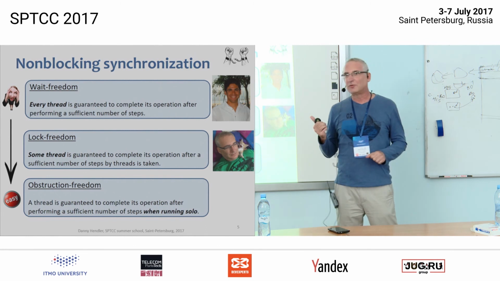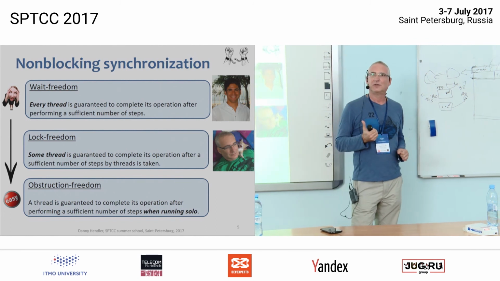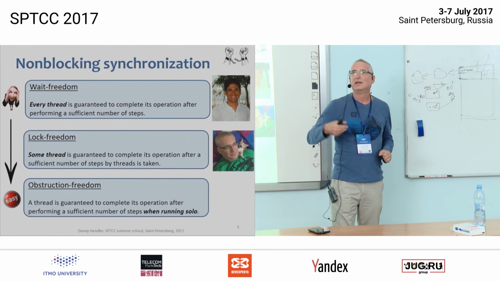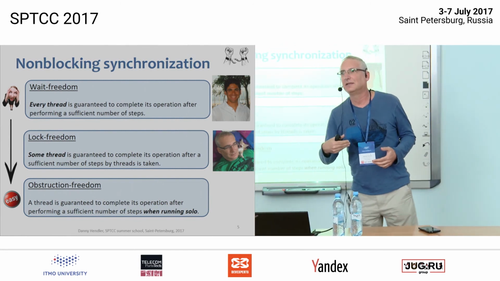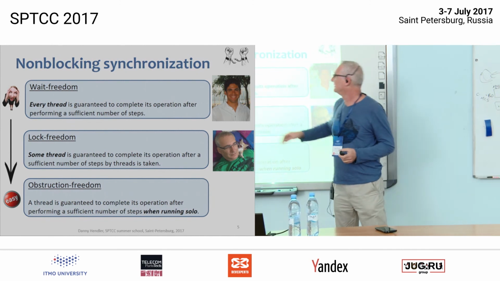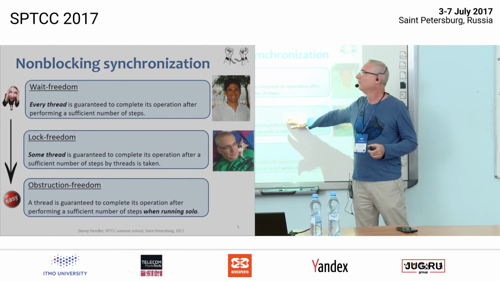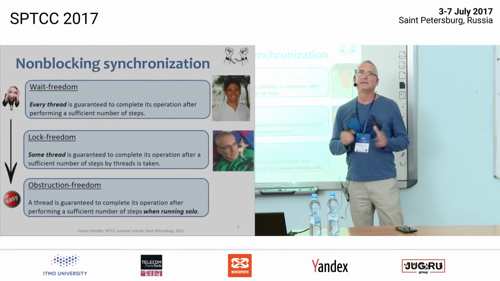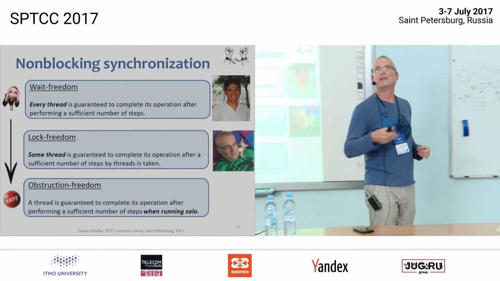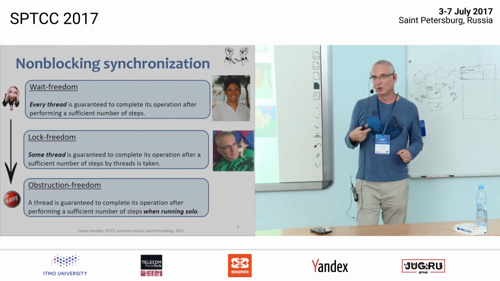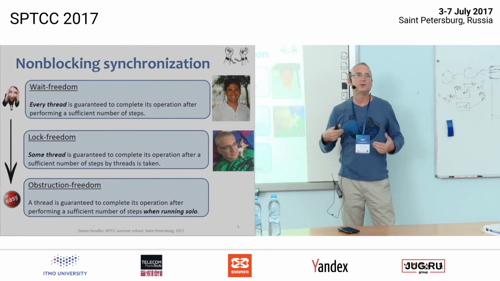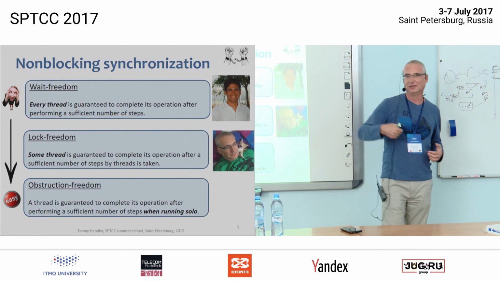Okay, so deadlock freedom in the context of lock-based programming guarantees global progress, that eventually some process will enter and then exit the critical section, similarly to lock-freedom. And wait-freedom is more or less equivalent to starvation freedom. Starvation freedom also guarantees individual progress. Every process that wants to enter the critical section will eventually enter it.